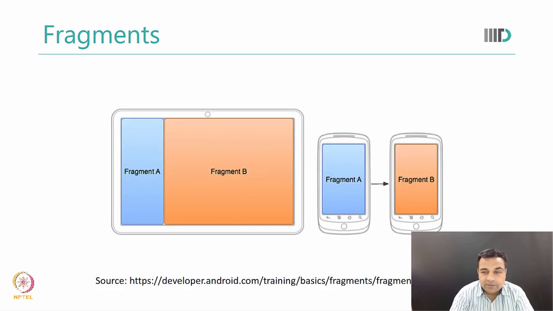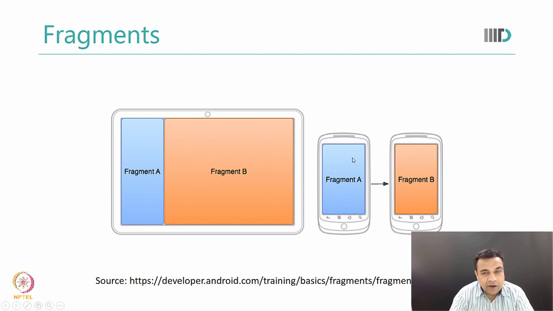Now let's look again at the same example. Here you can see that our activity will have a view group for the phone, and this will only display the list, while for the tablet the layout of the activity would be such that it is possible to insert two fragments.